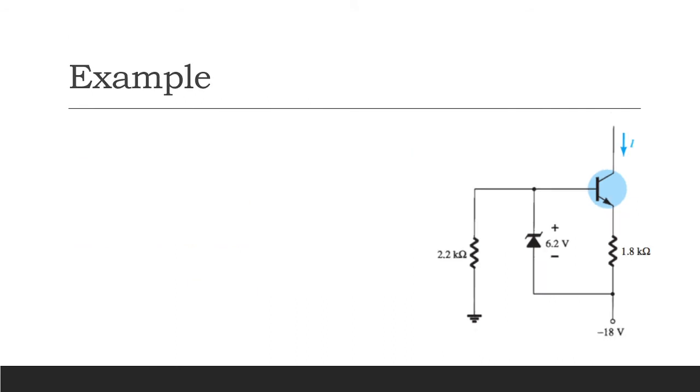Example, calculate the constant current I in the circuit. O, napakadali na nito. Wag na natin tingnan yung formula kasi malilito ka lang naman dito.